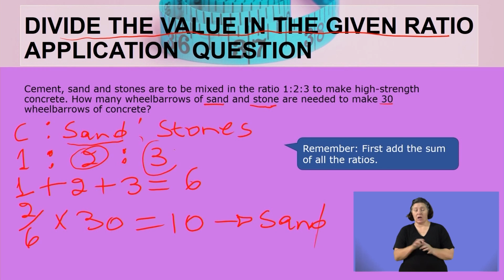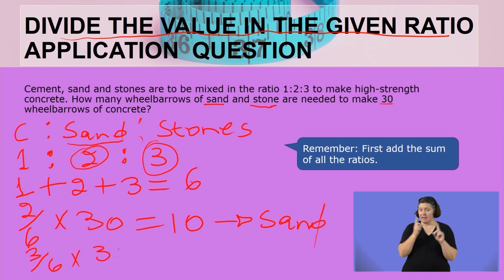We know the proportion of stones is 3. So we can write 3 divided by 6. We multiply by the total, which is 30. And let us press the calculator together. So we will have 3 divided by 6, multiply by 30. And then what we get, let me press again.